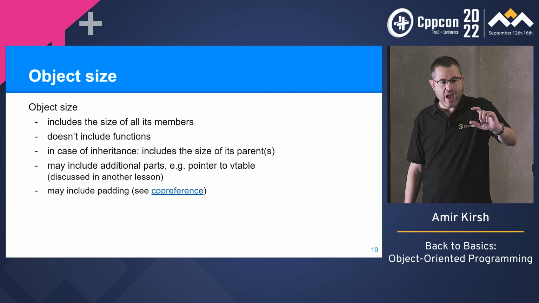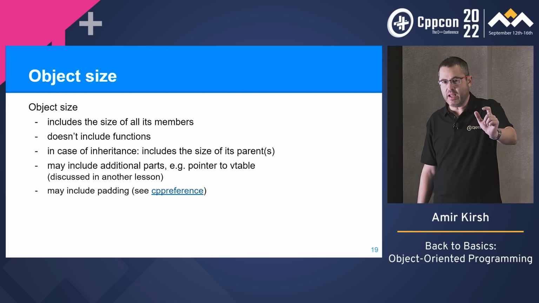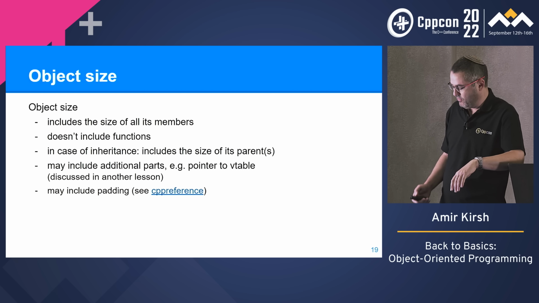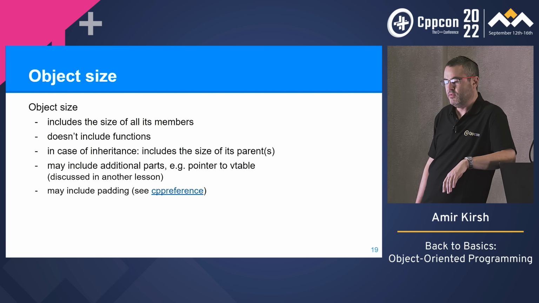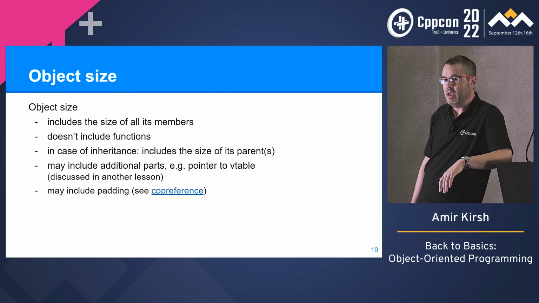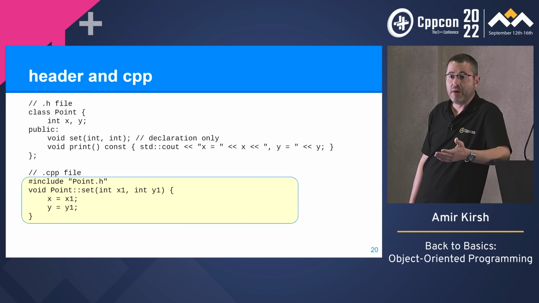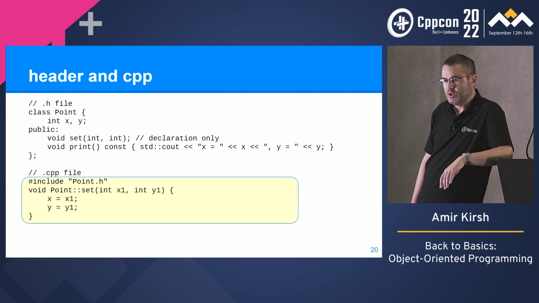The compiler may add some padding between data members in order to align them. So you should know of that. And then the size of the object, by the way, may differ between architectures and between compilers.